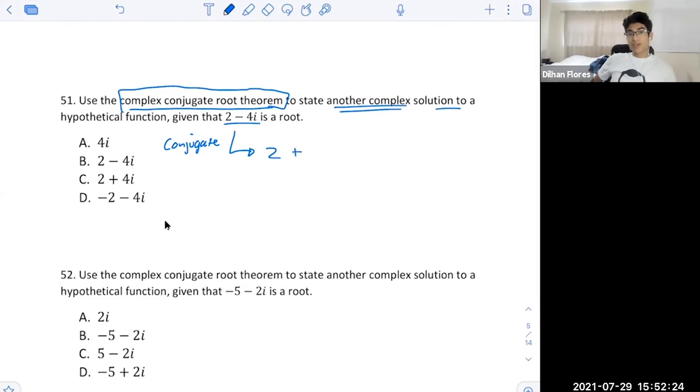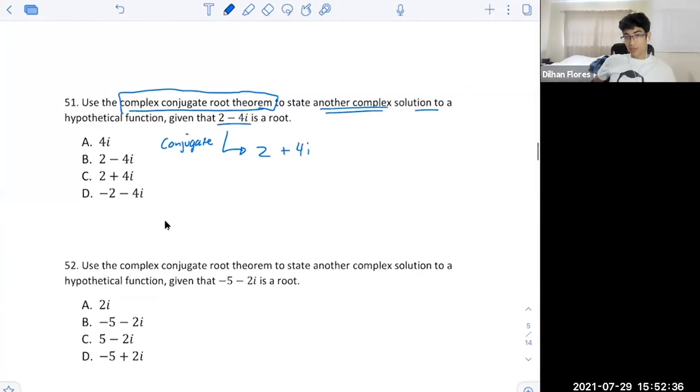So the conjugate of 2 minus 4i is going to be 2 plus 4i. That is the conjugate. So the complex conjugate root theorem means that if you have one complex solution of a system, then you have the other by just flipping that sign. So the answer choice in this case is going to be C.